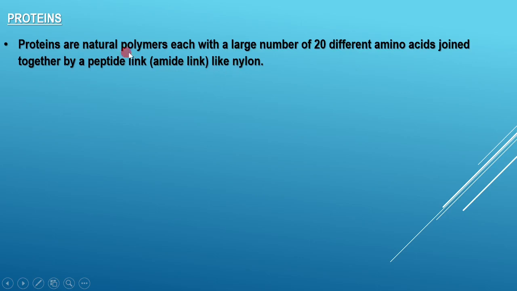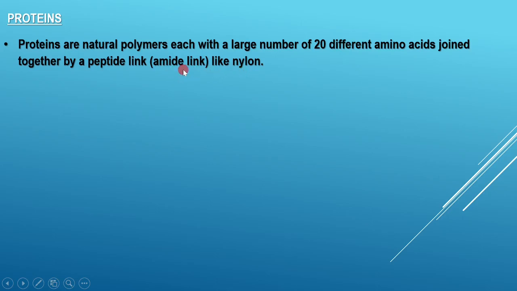So proteins are just natural polymers, each with a large number of 20 different amino acids. You find in a protein, it will be made of a large number of 20 different amino acids that are joined together by peptide link or amide link like nylon.